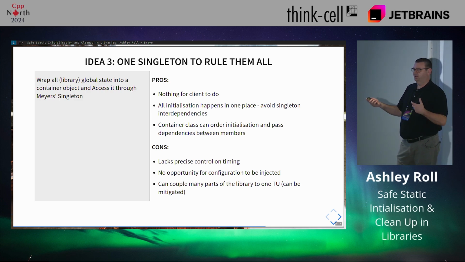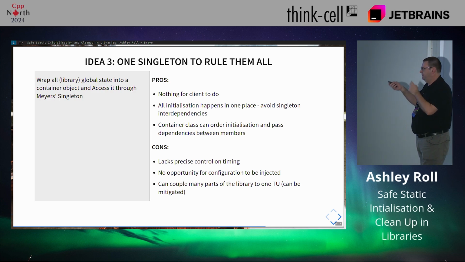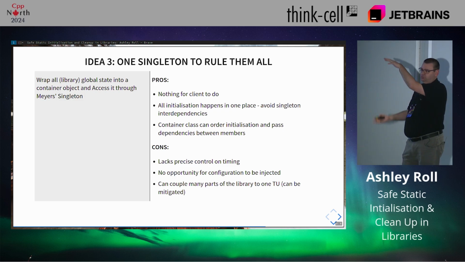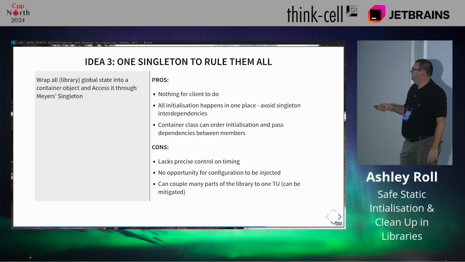So you're going to have some other function, your register configuration, which then now you're in this loop of, well, what gets initialized first. And the downside is you're going to end up coupling many parts of your library, if it's sufficiently complicated, into one translation unit that contains all of these things for your singleton object. So that can affect compile times.